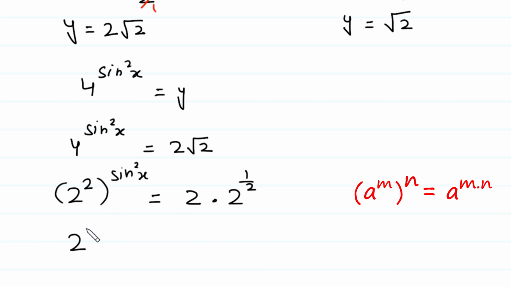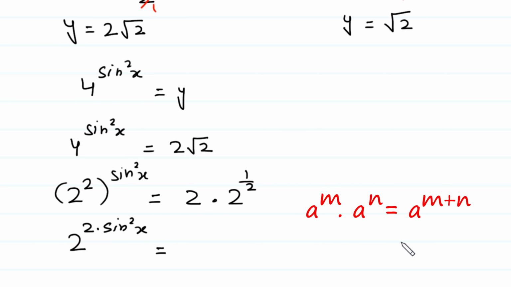Like this, 2 to the power 2 times sine square x is equal to, and according to the rule of exponents, a to the power m times a to the power n is equal to a to the power m plus n, and this 2 has power 1 here. By using this rule, we add these powers, 2 to the power 1 plus 1 over 2.